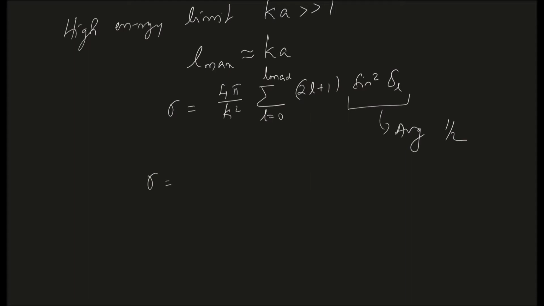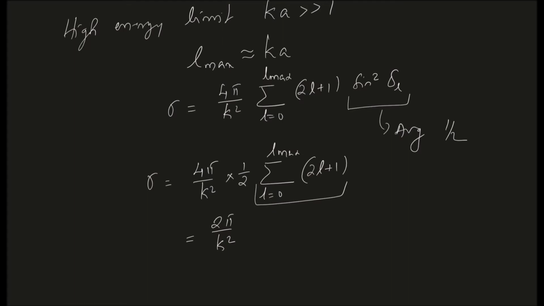So you can read it as 4 pi by k square into half. Then we consider the summation from L equals 0 to the maximum value of 2L plus 1. So this will give us 2 pi by k square, and then this summation term will give us L maximum plus 1 the whole square.